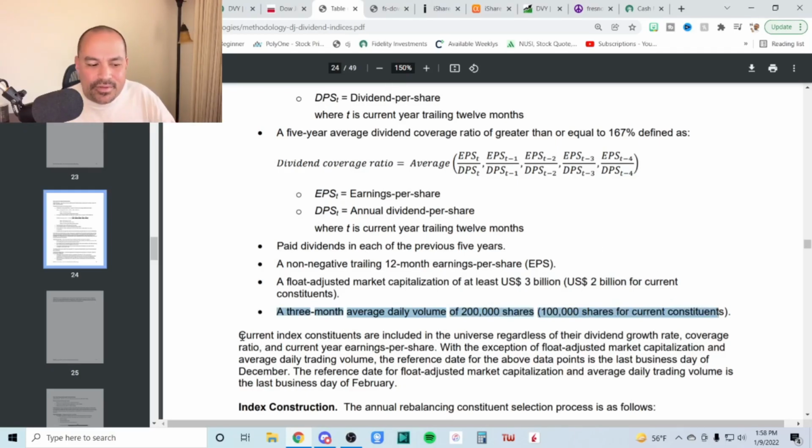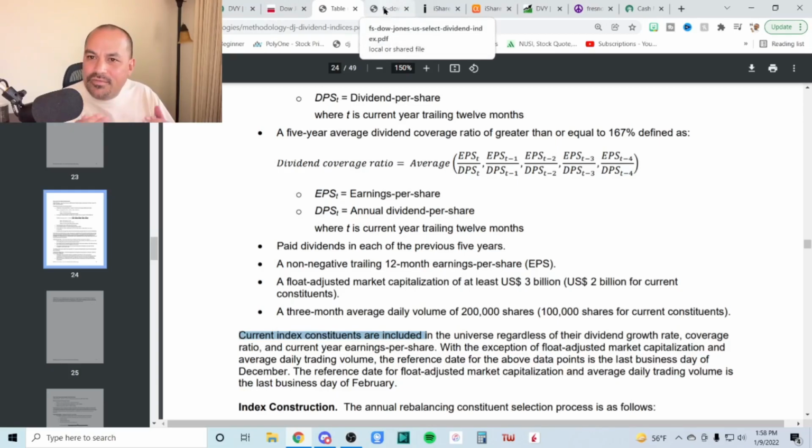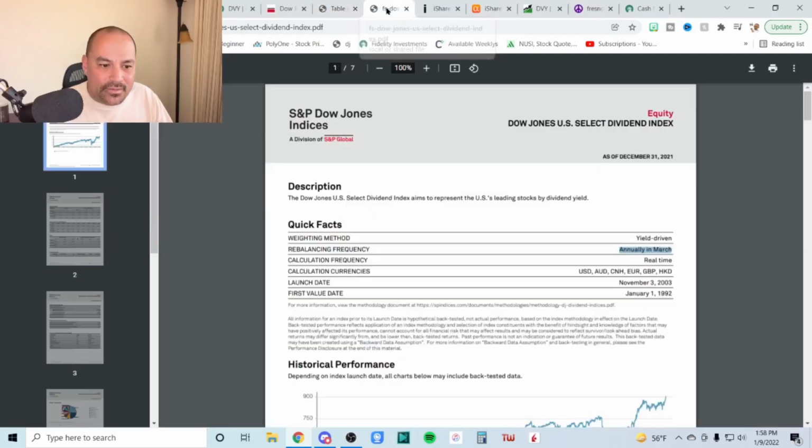One thing that's interesting to me is the current index constituents are included in the universe regardless of their dividend growth rate, coverage ratio, and current year earnings per share. So once they qualify, they're in, and it takes a while for them to actually be excluded from the index. In other words, if they fall out of compliance, they won't be looked at again until rebalancing.